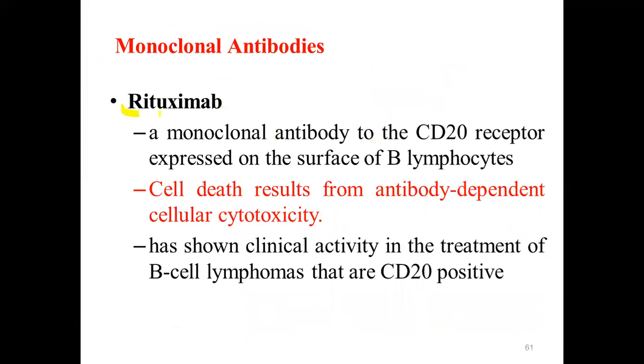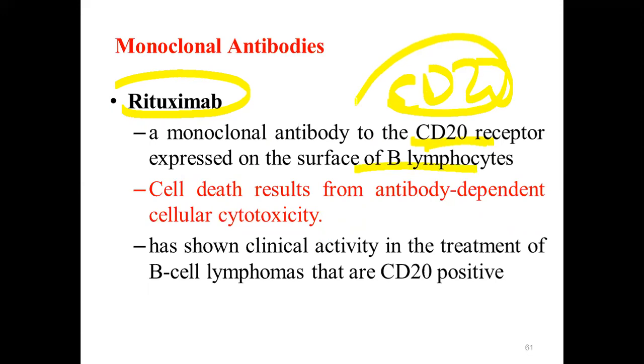Then the other class of monoclonal antibodies we are going to see is rituximab. By the way, rituximab is a monoclonal antibody which is specifically targeting the CD20 receptor on the surface of B lymphocytes. Remember this CD20 receptor, we shall see when we discuss lymphomas.